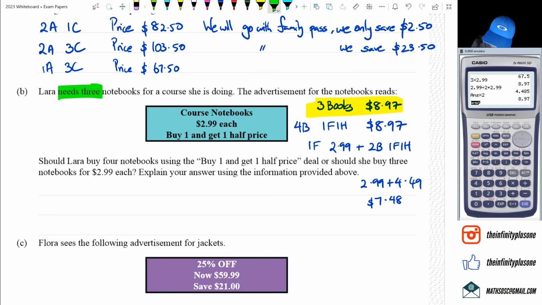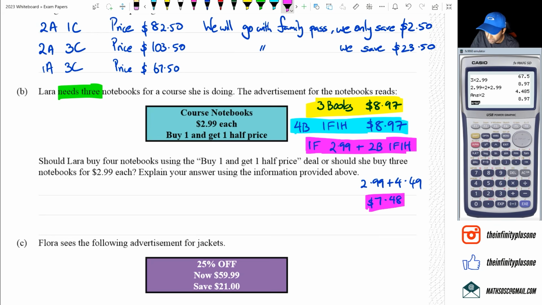Situation 2 is she actually buys 4 books for $8.97. And then finally, the third situation would be she pays one of them full price, and 2 books she gets at that deal, which gives her $7.48.